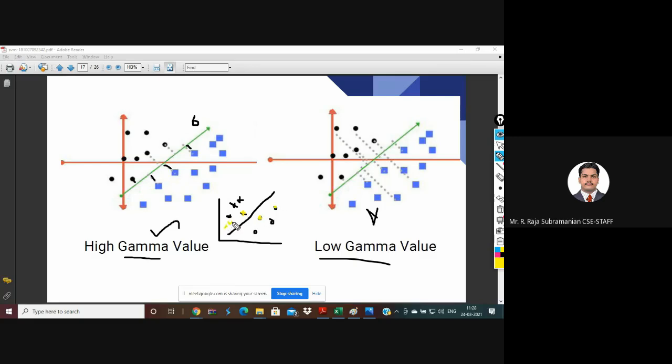I'll be considering this point as one margin, and this point as another margin. And what is this distance? Say this is the distance for the positive class, and this is the distance for the negative class. The sum of these two is actually the margin, and my hyperplane should be exactly in between these two planes. That is what I consider as margin.